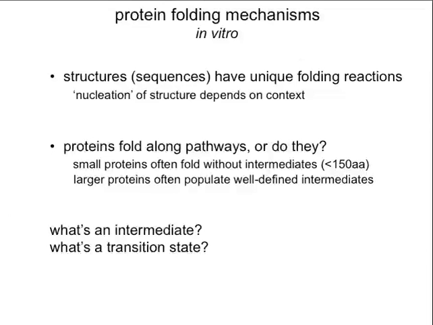What's a transition state? Well, normally we're used to thinking of a transition state as a very unstable structure, right? And that isn't populated to any great extent. So it's a little bit challenging to think about what the structure of a transition state is. But we'll come to this discussion again when we talk about enzyme mechanisms and the importance of the transition state there.